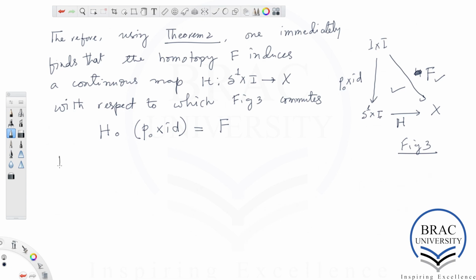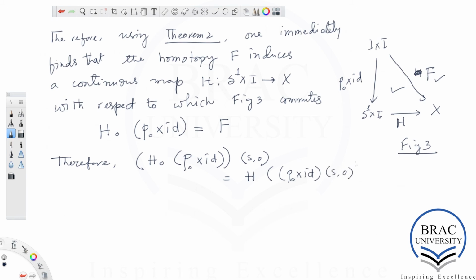at big F. So now it means that therefore H composed with P0 cross ID at S, 0 is equal to H of P0 cross ID at S, 0, and this is nothing but, by the definition of this product map, P0 of S, 0, and that has to be equal to F of S, 0, and we know that, since big F is a path homotopy between small f and the constant map E sub x0, it is supposed to be equal to F of S, right?